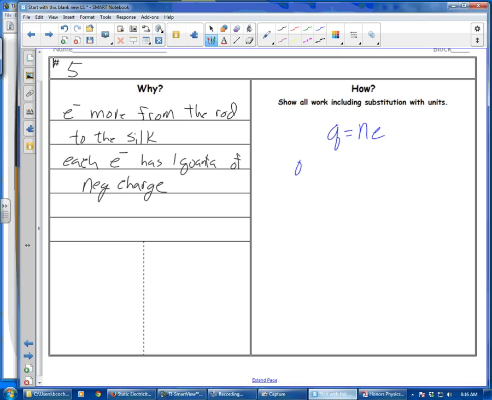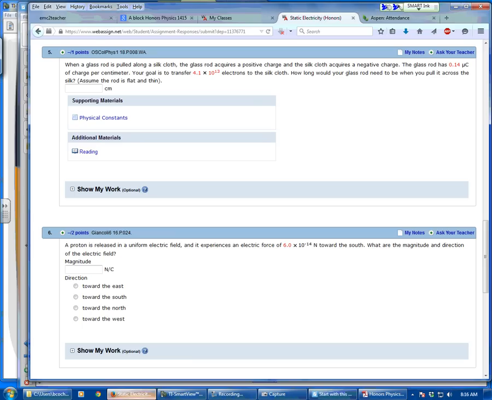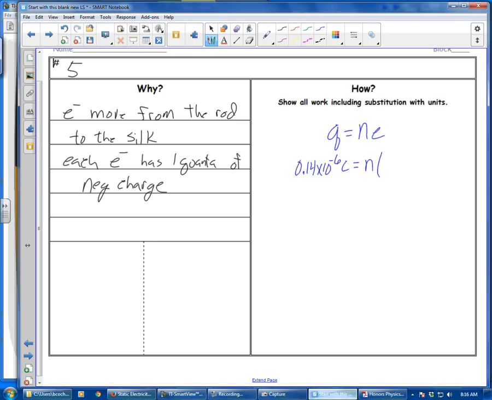So this is 0.14 times 10 to the minus 6 coulombs equals N, and then the charge on each electron, 1.602 times 10 to the minus 19th coulombs per electron.